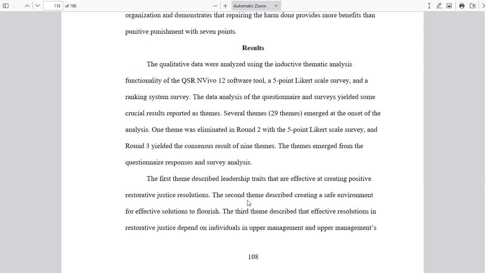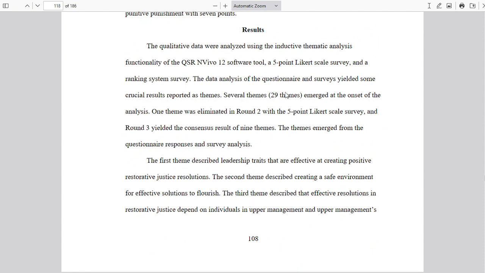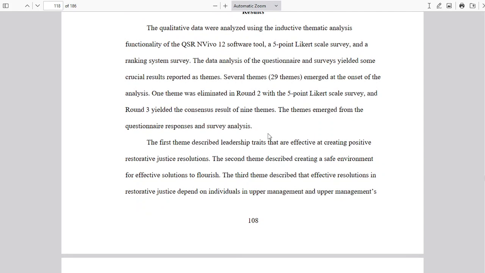So the results just kind of summarize just what I said in a way. I kind of summarize that I began with 29 themes, and by round 3 it went to 28 themes.